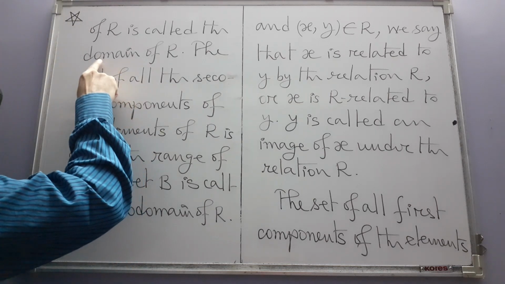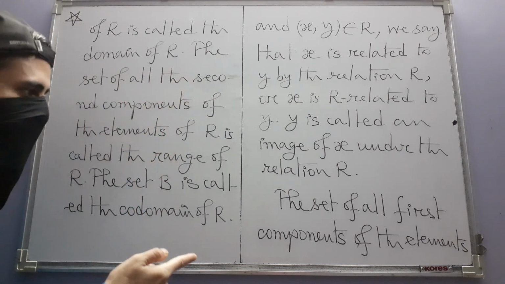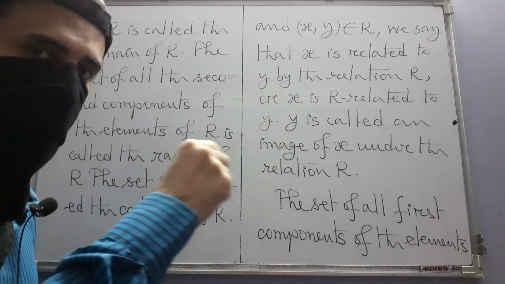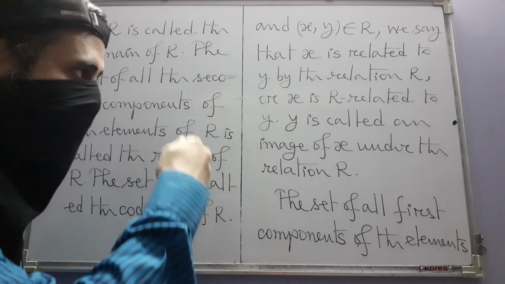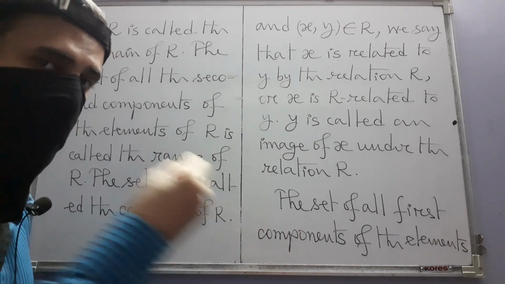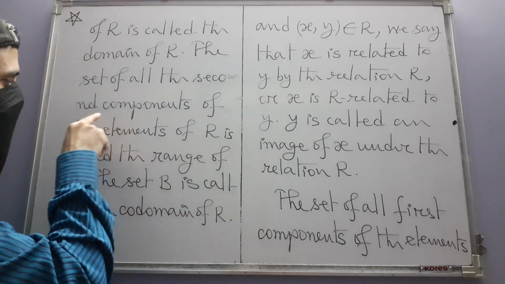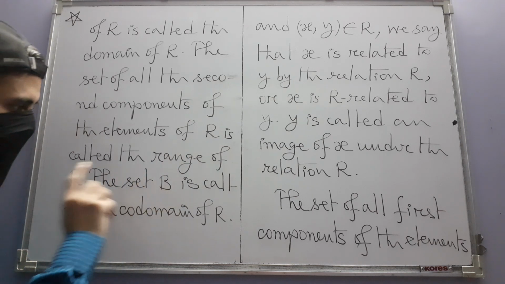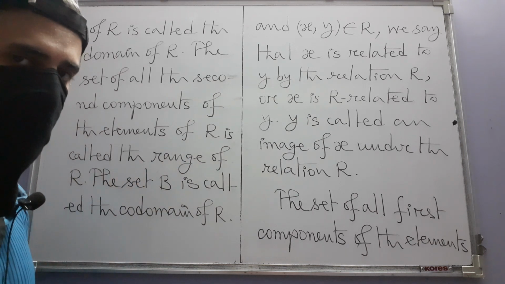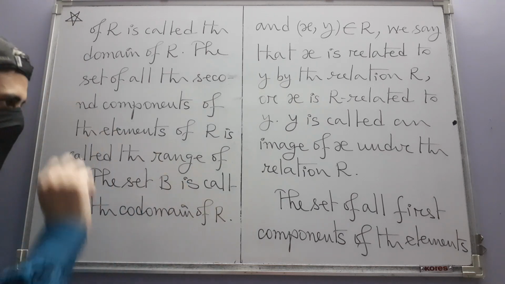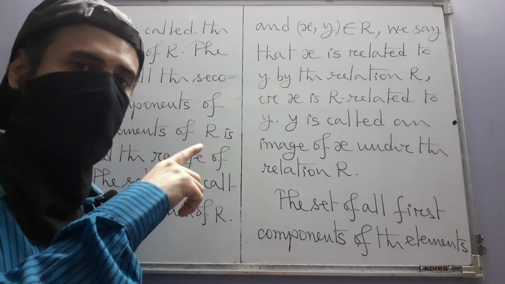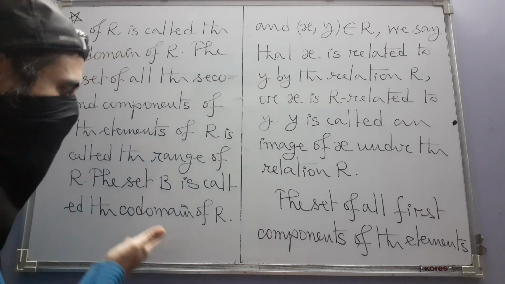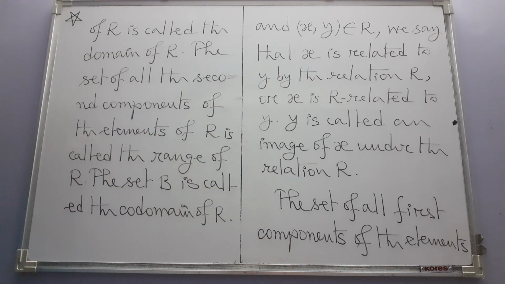That set is called the domain of R. Similarly, you take all the elements of R, each one is an ordered pair, so each one has a second component. You collect all those second components and they will form a set. That set is the range of R. And this second set B, that set itself is simply called the codomain of R. Now let us go back to that name example, our first example, and see what these things are in that case.